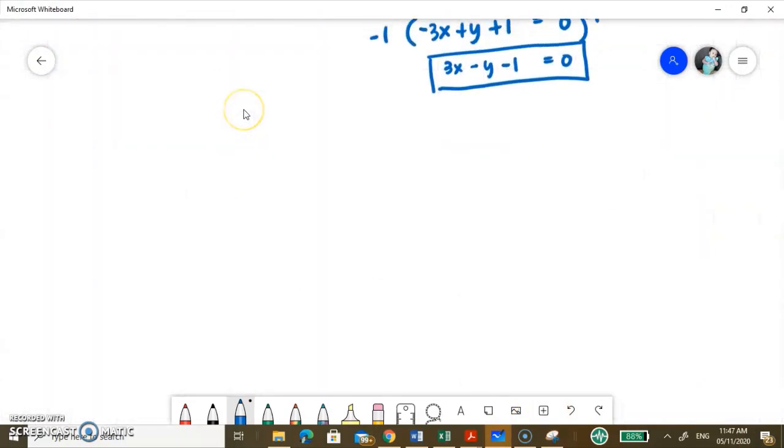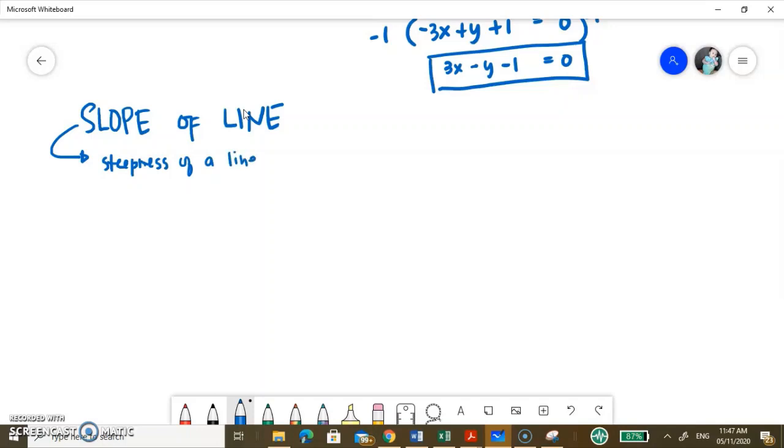So, ang title ng lesson 3 natin is the slope of a line. So, the slope of a line, it is simply the steepness of a line. Okay? Pag naakyat ka ng bundok, yung steepness niya, yun yung kanyang slope.